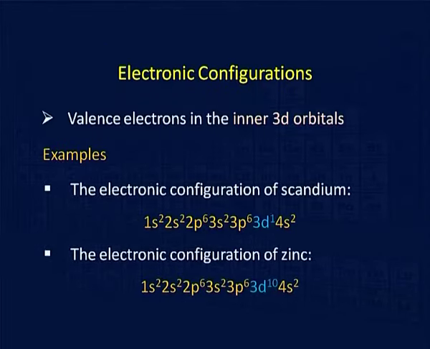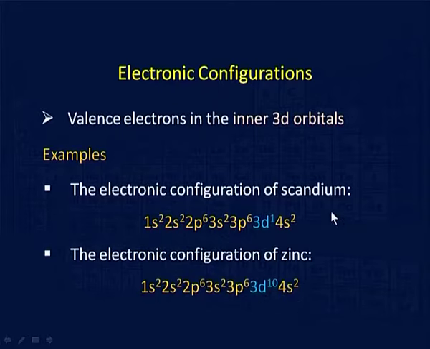So, if I give you the task to write the electronic configuration of the first transition element, scandium, or the last transition element, zinc, then it will be something like this. In scandium, we will have 3d1 4s2, and in zinc we will have 3d10 4s2.